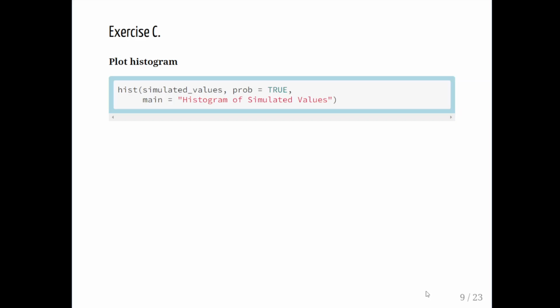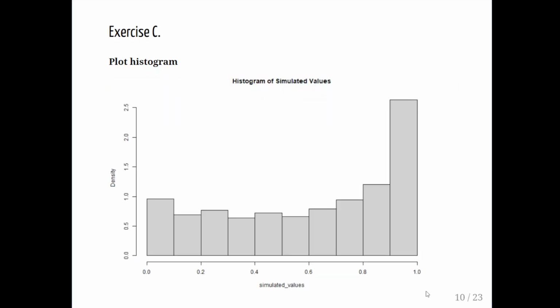Histogram of the simulated values, probability equals true because we're doing a relative frequency plot. And that's what it will look like. This is just to give us a sense of what the beta distribution should look like when we actually start working with it in practice.